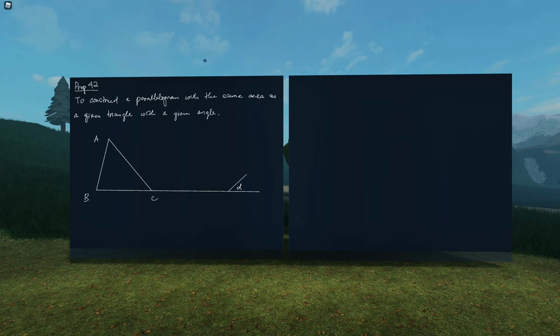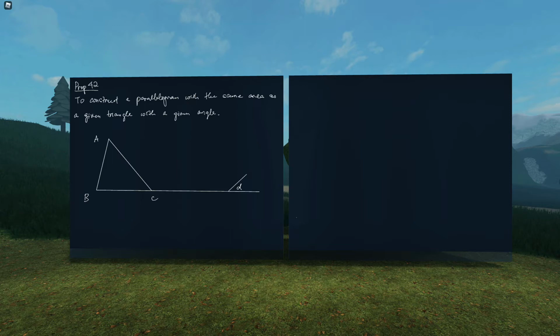So what are we actually going to construct? We're going to construct a parallelogram somewhere on this diagram. And the way we're going to do it is we're going to first bisect the line BC. I'm going to change color too.